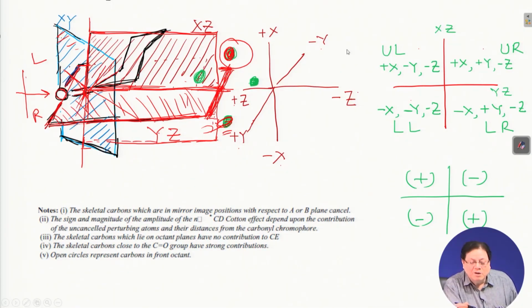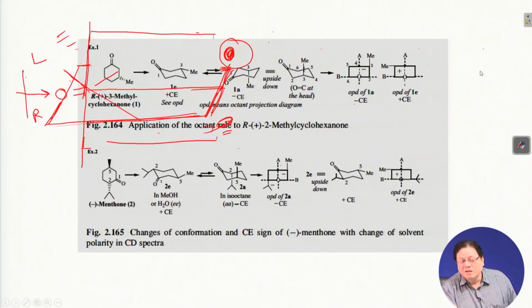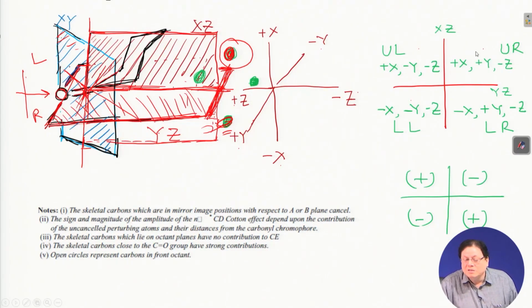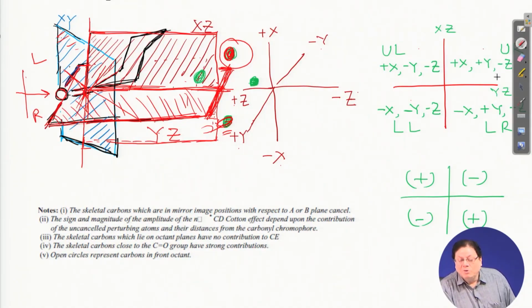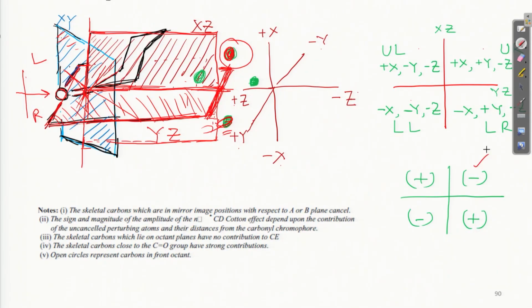Something on the upper right will have plus x definitely, plus y because it is in the right direction, and minus z. If you multiply these contributions, you will get a sign of minus. That is why this contributes in a negative sense. That means any substituent in the upper right rear octant will contribute in a negative fashion to the sign of the Cotton effect.